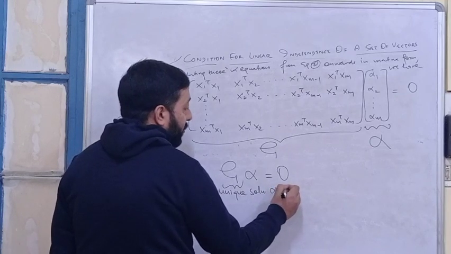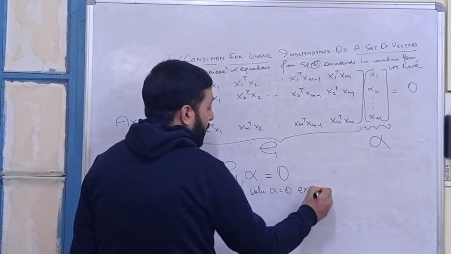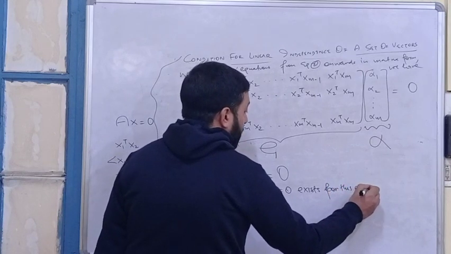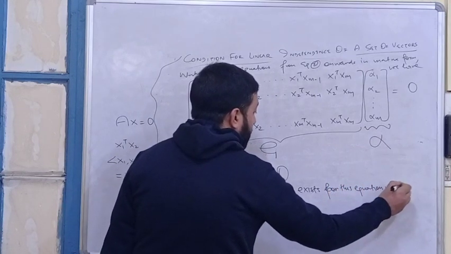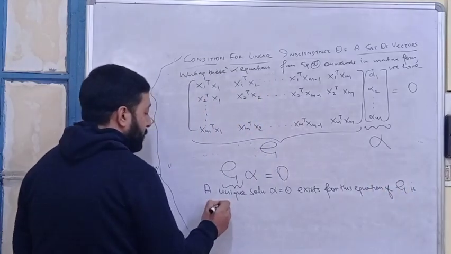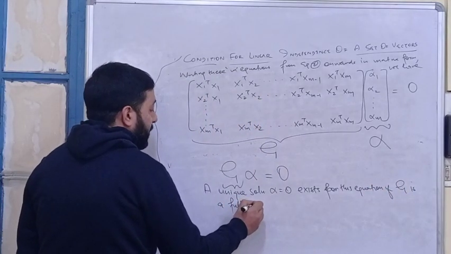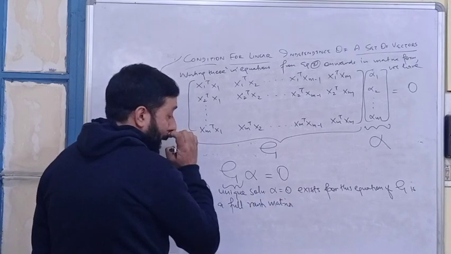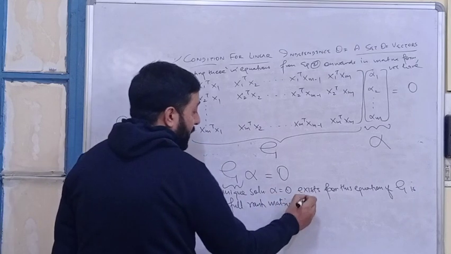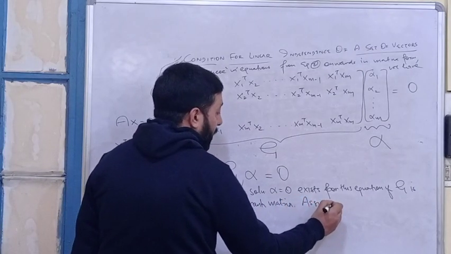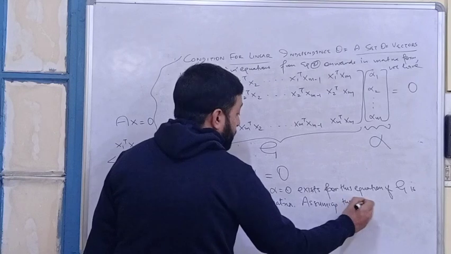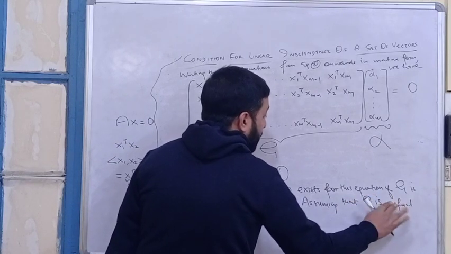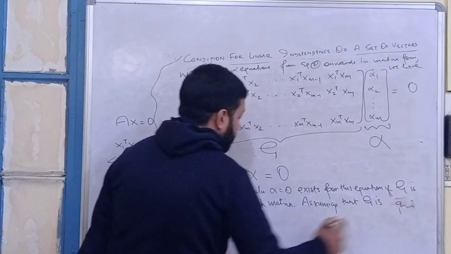A unique solution alpha equal to 0 exists for this equation if G is a full rank matrix.